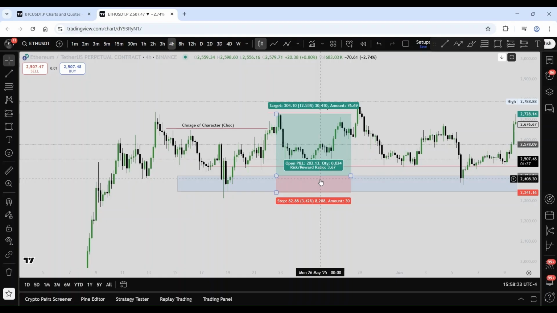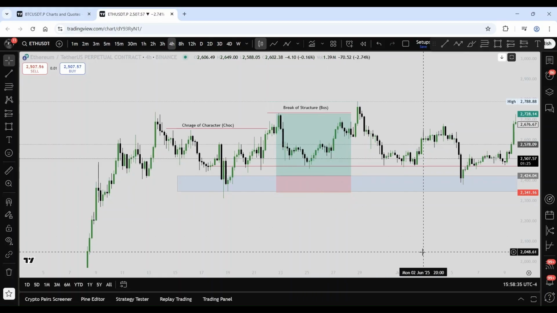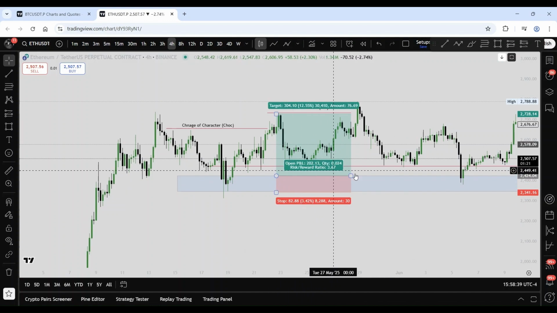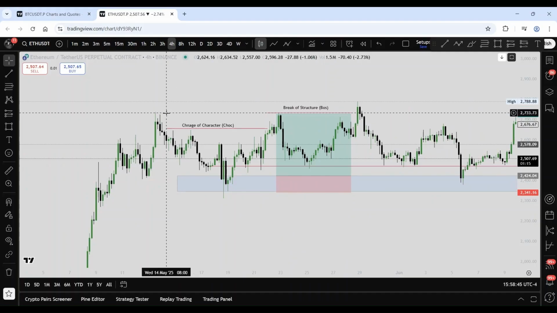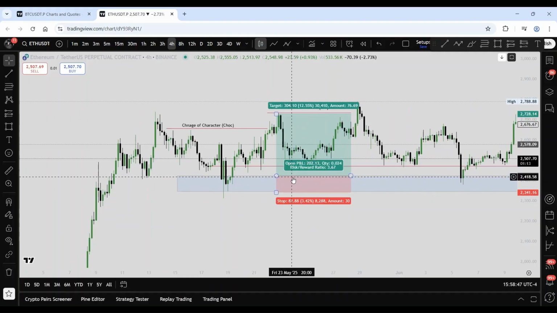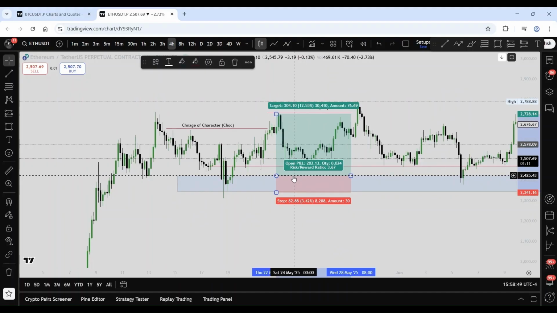When you get a 1 to 3 risk to reward ratio, even if you lose 2 trades, you would still be profitable. You would only need a 35 to 40% win rate in your daily trading to actually be profitable. So we're going to be targeting the previous high, entering on the order block here.